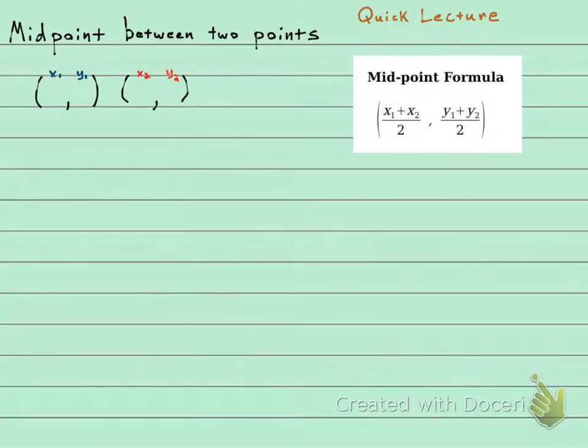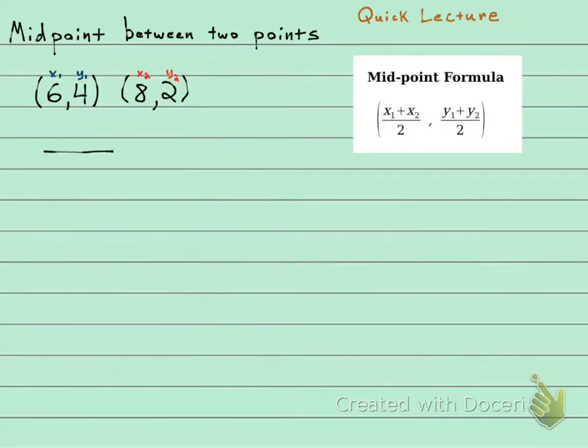All right, so let's plug in some numbers and let's see how this works. My first point is 6, 4, and my next point is 8, 2. Okay, so to find the x term of my midpoint, I'm going to take my x1 plus my x2 and then divide by 2.